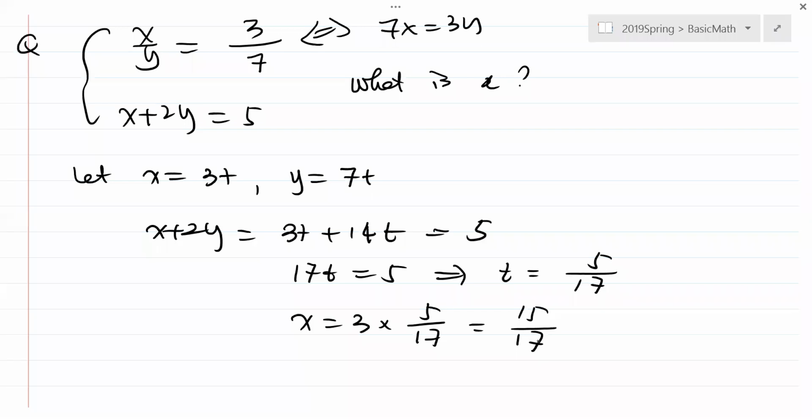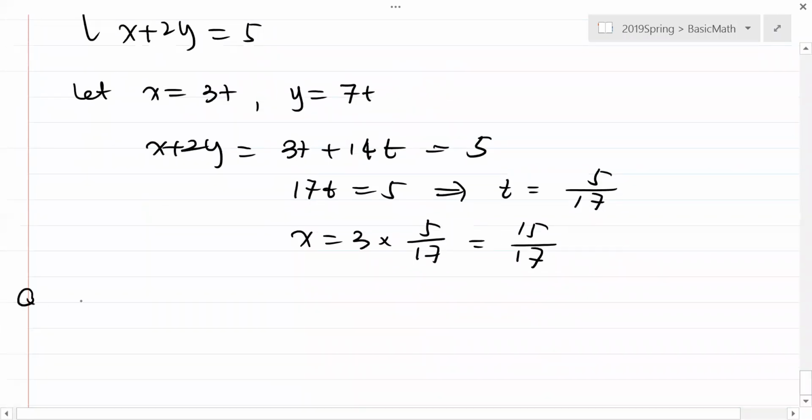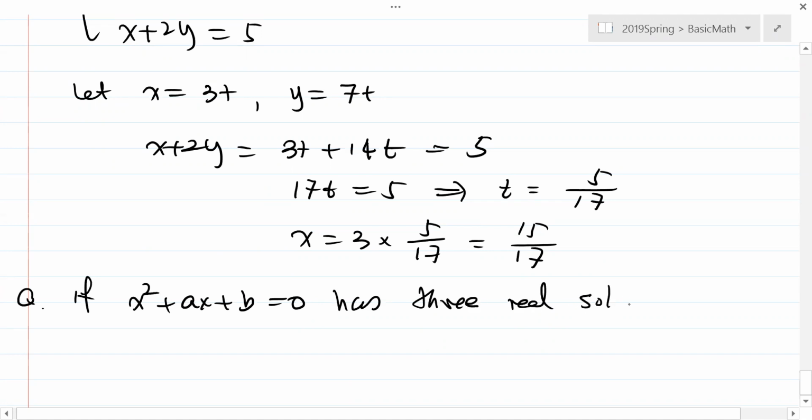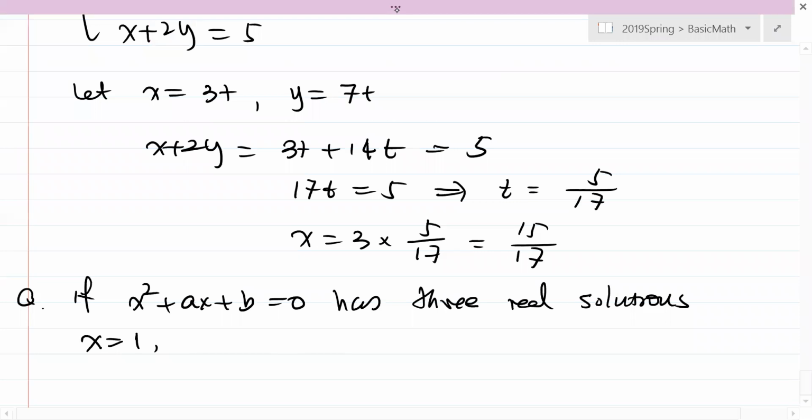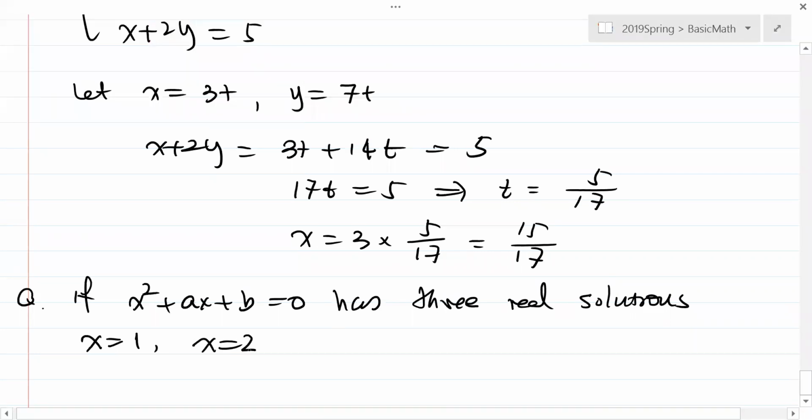Finally, the very last problem is going to be this. If x squared plus ax plus b equals 0 has 3 real solutions, the first one is x equals 1, the second is x equals 2, and the third solution is x equals m.